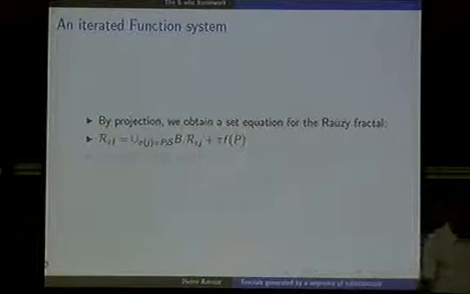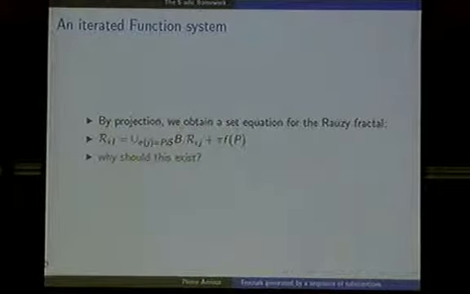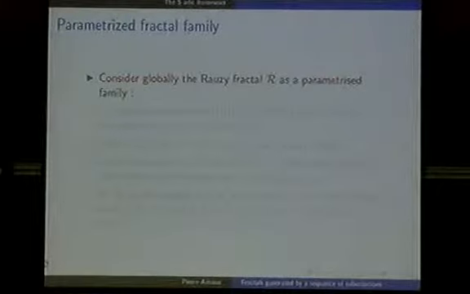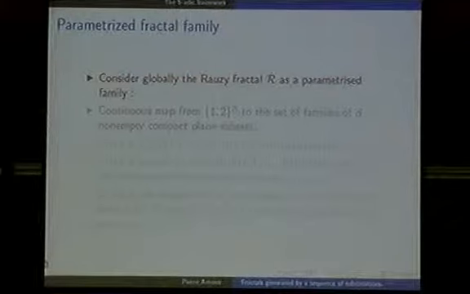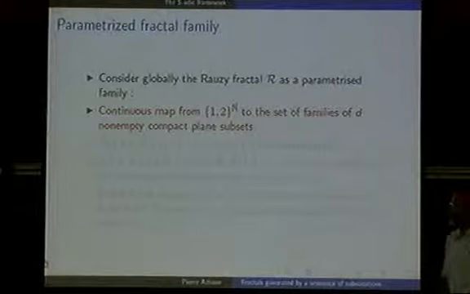Well, does it exist? Oh, well, we could build things with prefix, suffix, automaton, and things like that, but there is a better way to do that, is we just consider the whole set of Rauzy fractals. So R is not one Rauzy fractal, it's a parametrized family. This is the map from {1,2}^N to the set of families of d non-empty compact subsets of the plane.